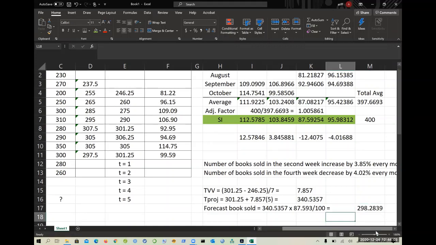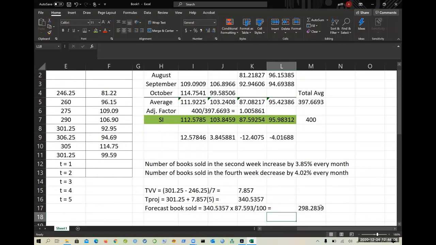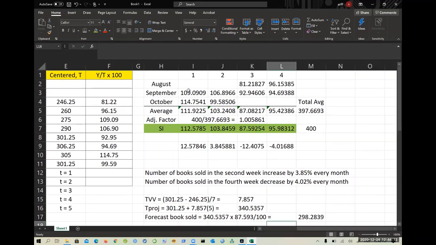Okay, so you get the forecast value to be 298.2839. So that completes our solution.